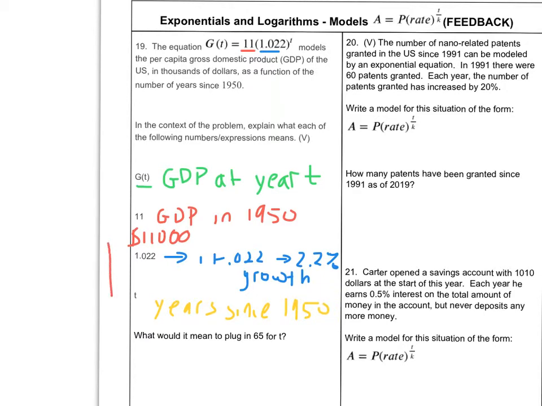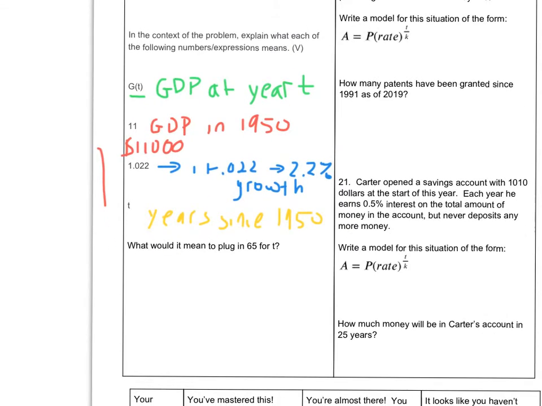And then the last part of this is what would it mean to plug 65 in for T? Well, that would be 65 years after 1950. So it would be 1950 plus 65, which would end up being 2015.